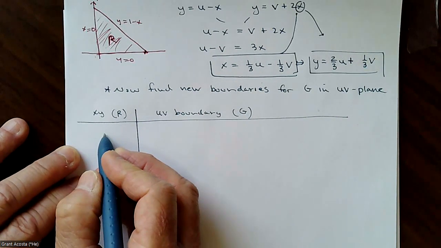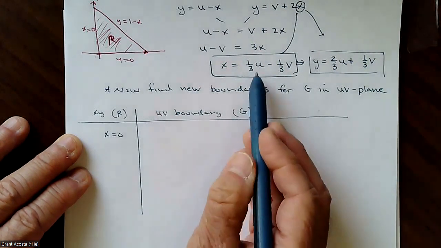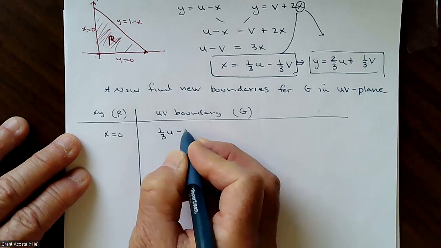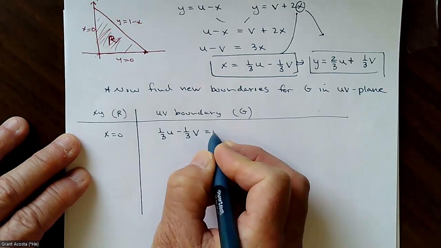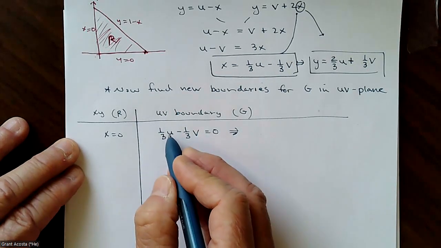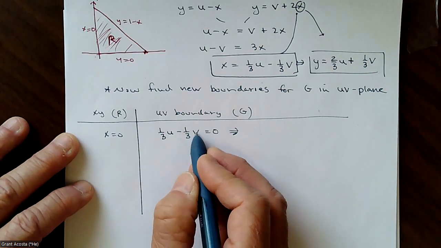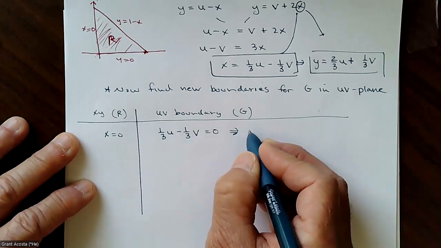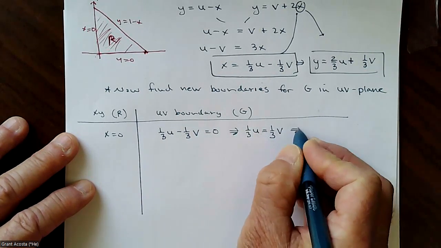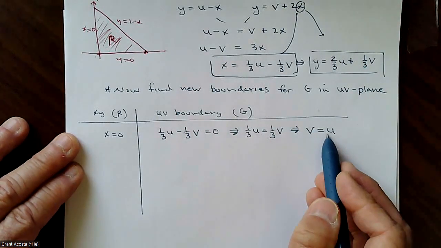So let's start with, how about just x equals 0? That's one of my boundaries in R here. Well, if x is equal to 0, that means 1/3 u minus 1/3 v equals 0. And if you solve it, usually u I'm going to treat like x, v I'm going to treat like y when I'm graphing in the uv plane. So I'm going to solve it for v. Well, that's just the same as 1/3 u equals 1/3 v, which is just the same as v equals u. That's kind of like y equals x.